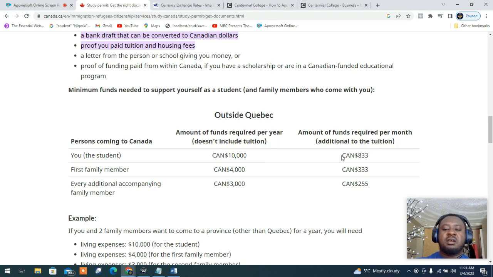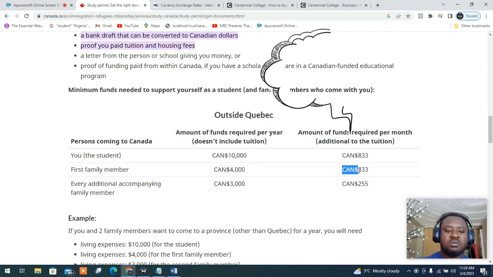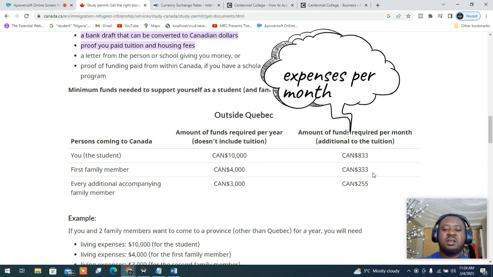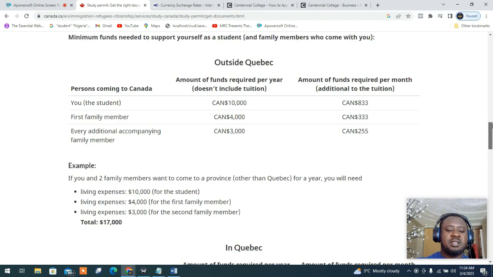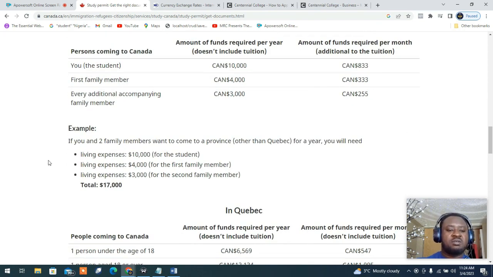Any person that is following you, the first family member will be 4,000. Then if you go down, they give a detailed analysis of how much you need if you're coming with your family or your spouse. Living expenses for one student is 10,000.